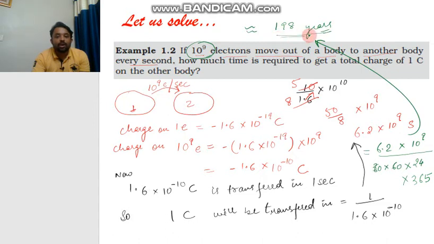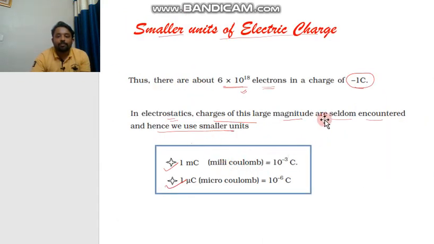So it will take 198 years for the transfer of 1 coulomb. So again I have shown here that 1 coulomb is a very large value. For practical purposes, we generally deal with 1 microcoulomb and 1 millicoulomb, which I have already told here. So I hope this concept would be clear.